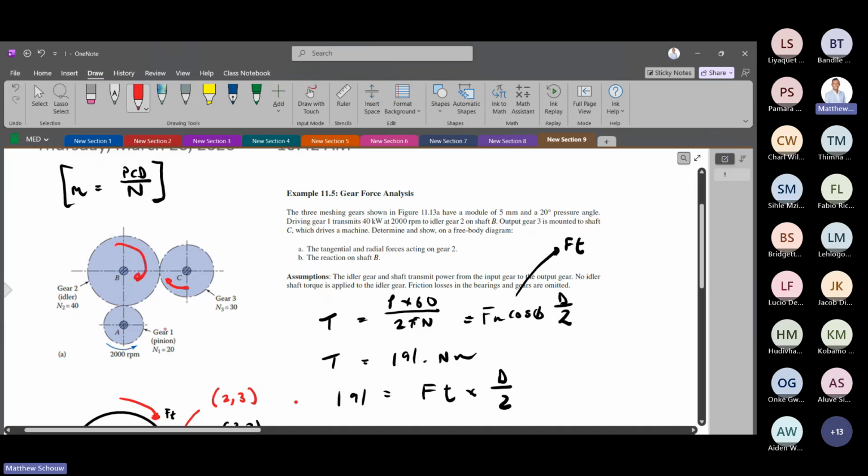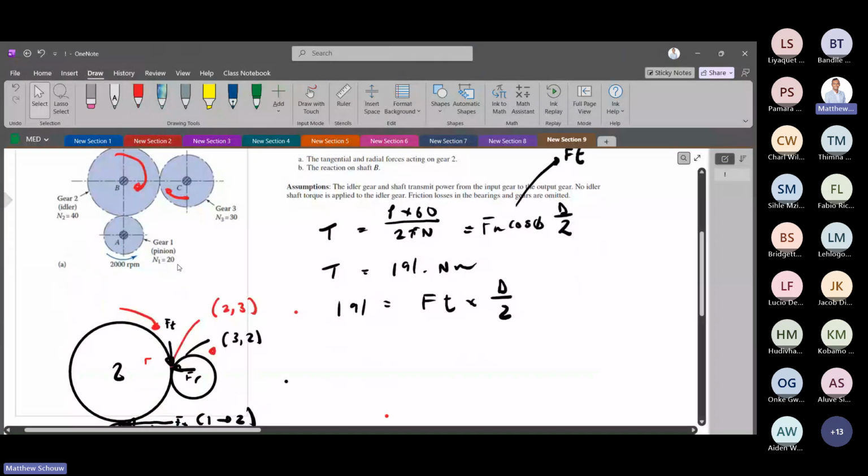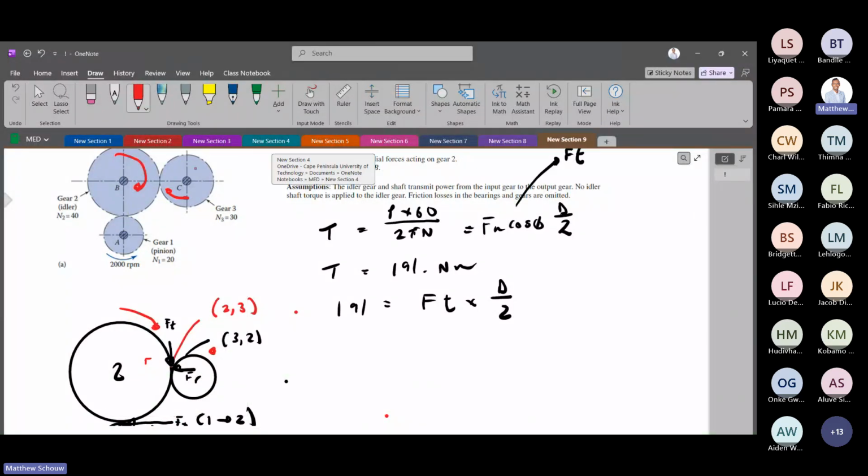It was like this before, sir. This is what I'm understanding. So you guys are saying that it's going the other way, and you're saying it's going this way.